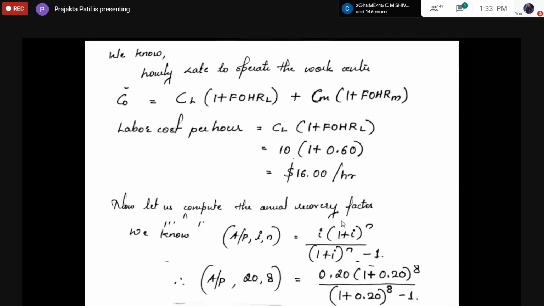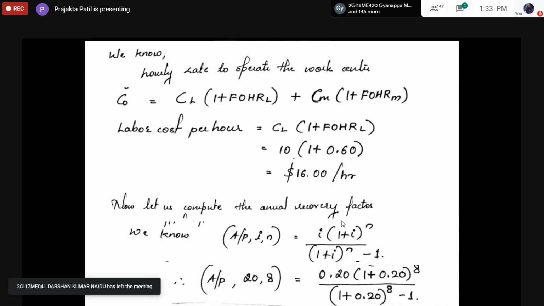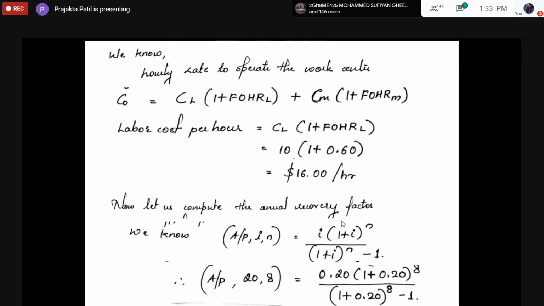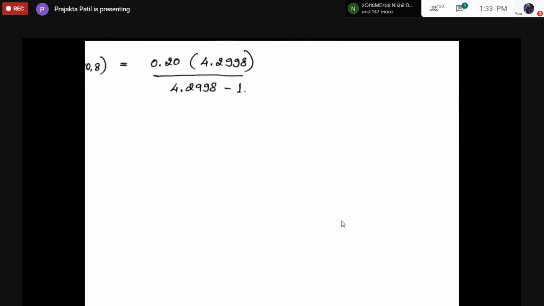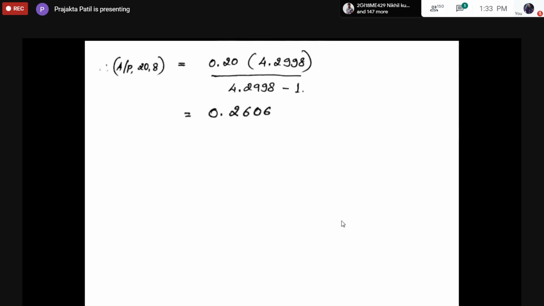Simple substitution should give you the value of the annual recovery factor. So what is the answer? 0.2606. All are getting this?